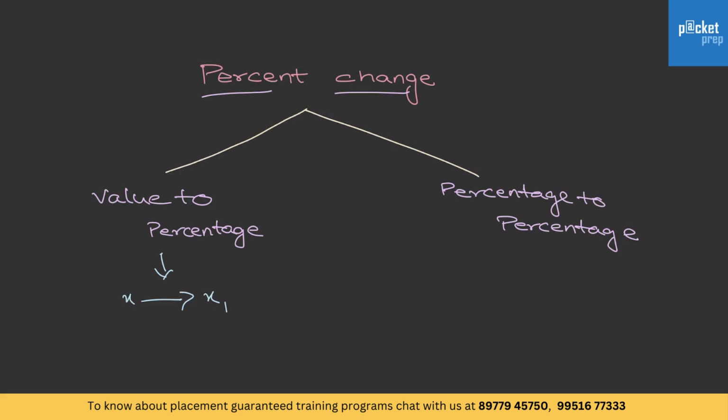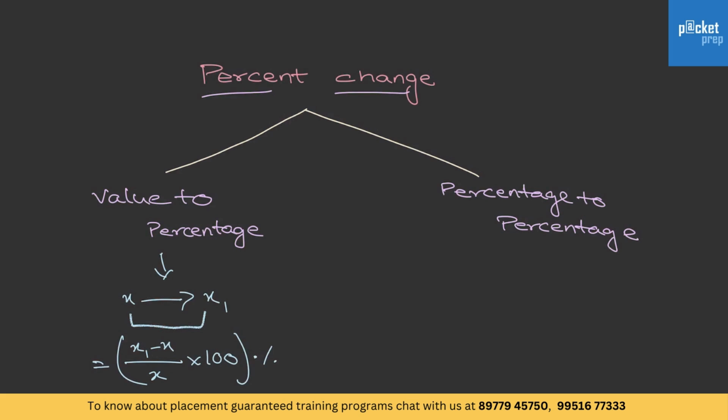In this case, they'll ask us to find the percentage change, which is given by the change in value by the original value into 100. That is x1 minus x by x, as x is the initial value, into 100. This gives us the percentage change.